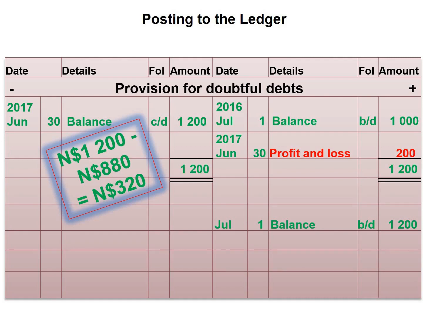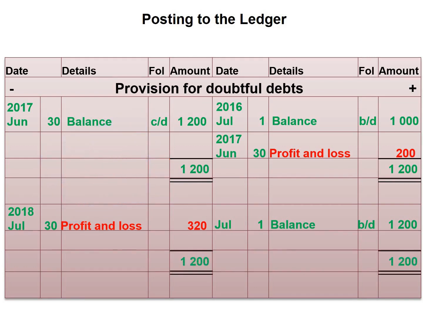And if we were to decrease our provision for doubtful debts account, we would post to the debit side. And that's what we do. We post the 320 to the debit side. The description will be profit and loss, and then we will balance our provision for doubtful debts account. 1,200 less 320 will give us 880.